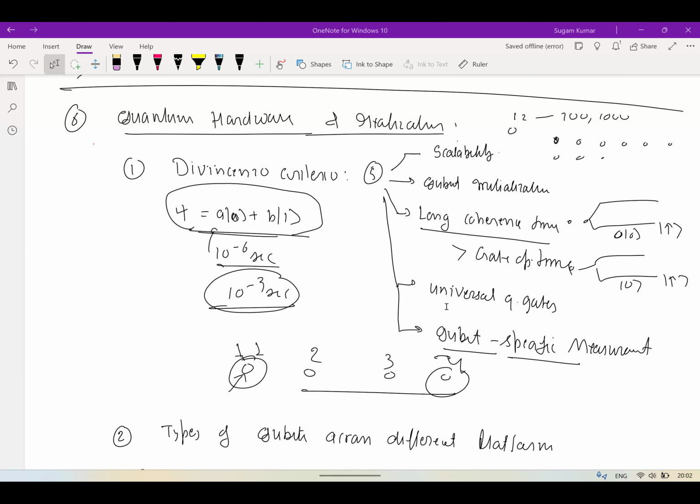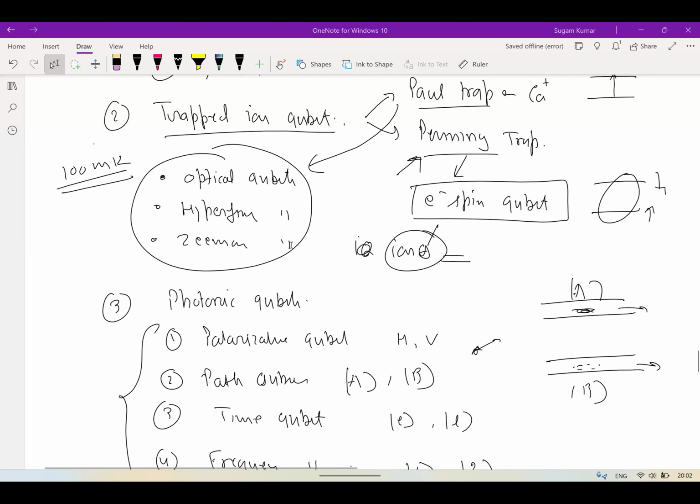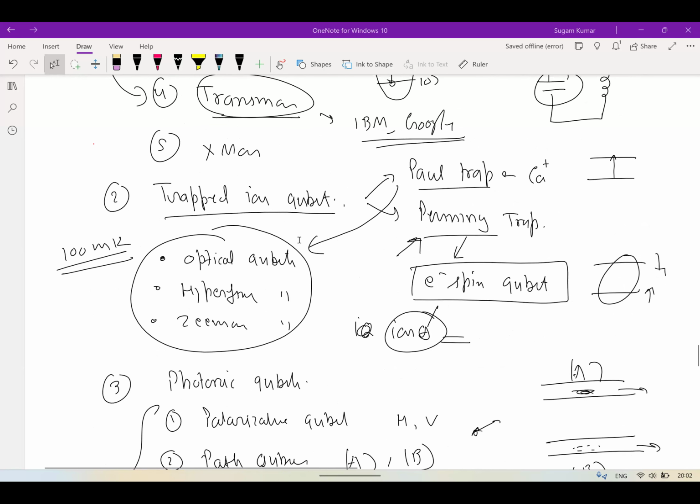Sir, the systems which you have described for realizing the qubits, most of them are two-state systems, right? Please introduce yourself first. I am Siddharth Sharma from Dr. B.R. Ambedkar University, Agra.